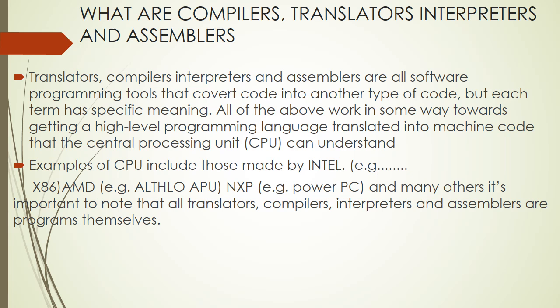Then we have AMD, which is Advanced Micro Devices, a 64-bit processor architecture that allows the computer to handle 64 bits. Those bits refer to memory ability. We also have Athlon, Apple, PowerPC, and many others. It is important to note that all translators, compilers, interpreters, and assemblers are programs themselves, that is, software programs.